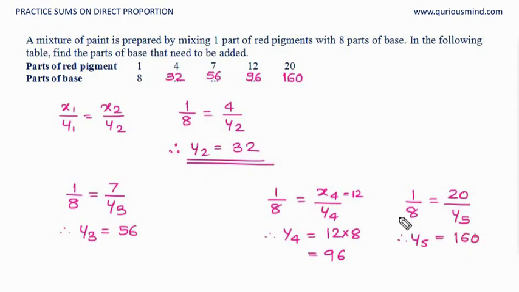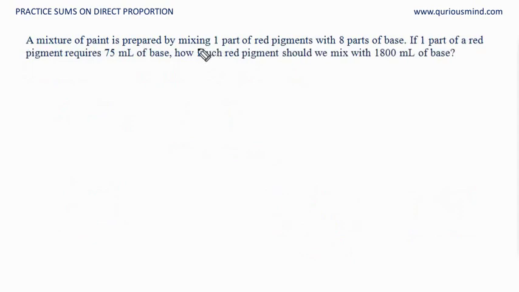Let's do the next one. In the same example, now if 1 part of red pigment requires 75 ml of base, how much red pigment should we mix with 1800 ml of base? So again we will use the proportion method. X1 upon X2 is equal to Y1 upon Y2.